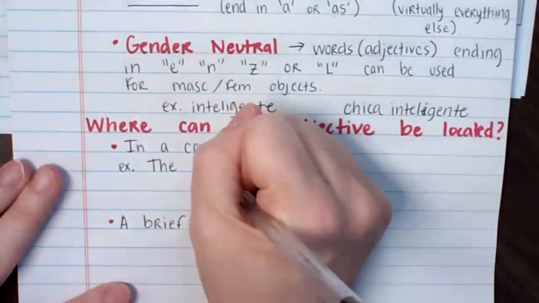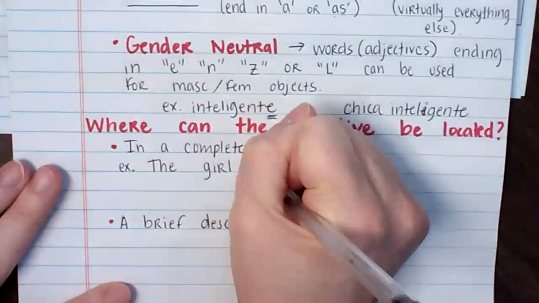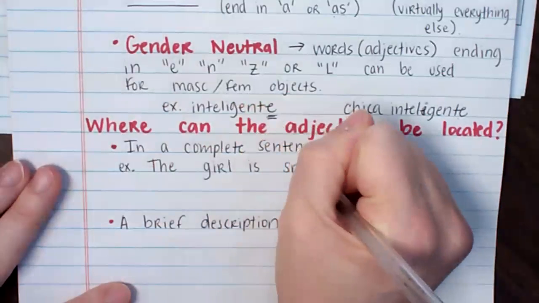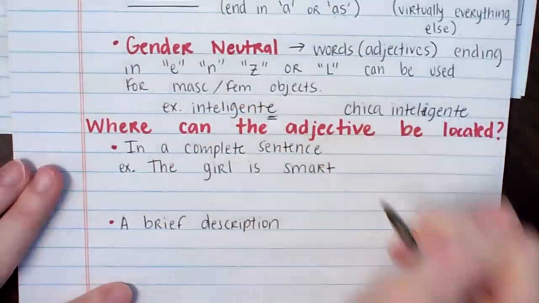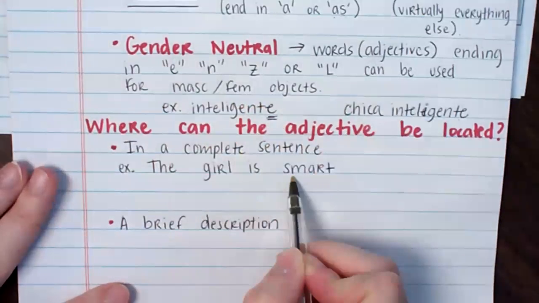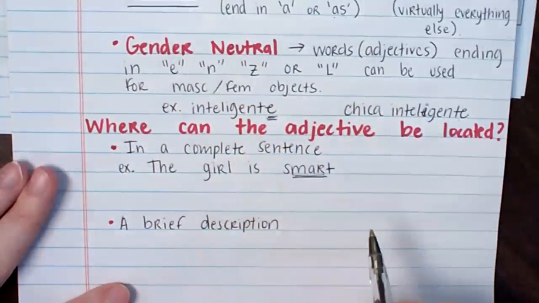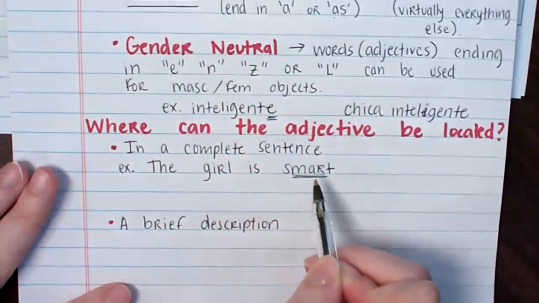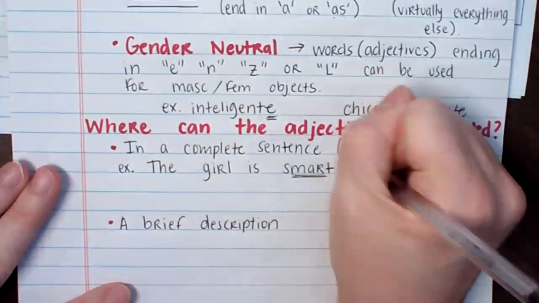So like the girl is smart. The adjective is going to come at the end of the sentence.